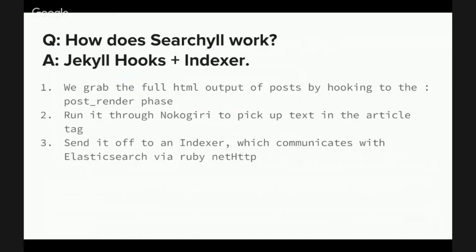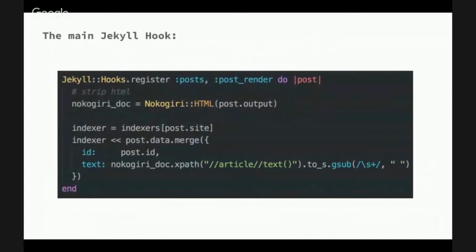We were thinking about using the Elasticsearch gem in our project, but we're just indexing our documents. We're not actually using the full Elasticsearch API, so we wanted to reduce dependencies, so that's why we're just using Net HTTP.